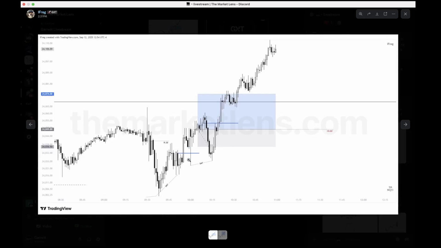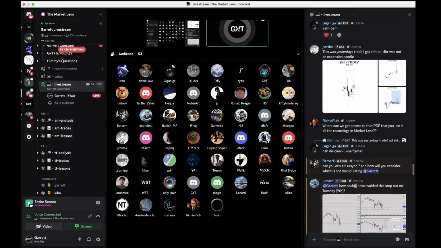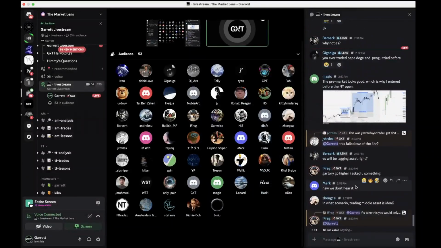But since it's such a large wick, you can put your stop loss at like the 50% of the wick. But in this case, I'm probably not going to put my stop loss all the way down here. It's just too large of a range for me. If I entered that, I would have got stopped out too, to be real. But you can't put it so high though.